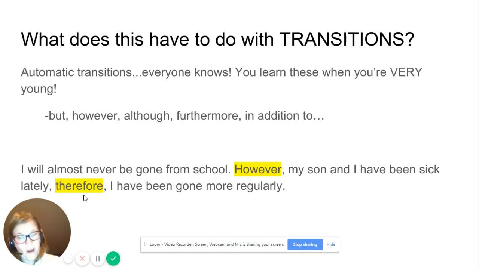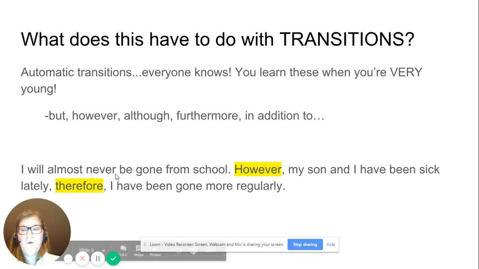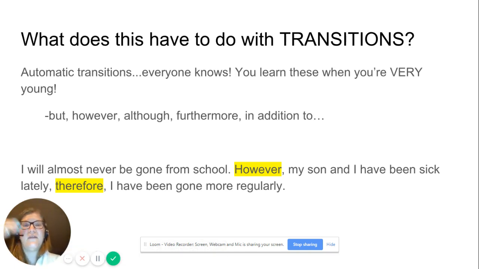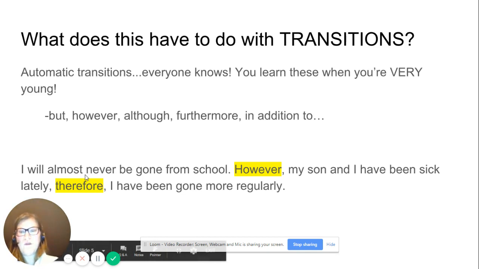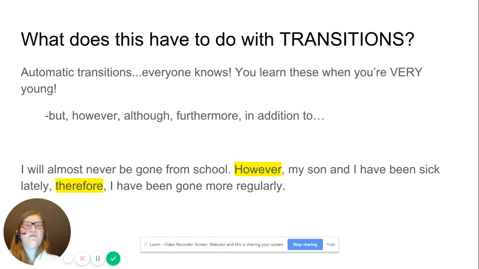Then I have another automatic transition. Therefore, I have been gone more regularly. So this transition shows me that this sentence is the result of the previous one. Therefore means in summation, or it means this is a result of.